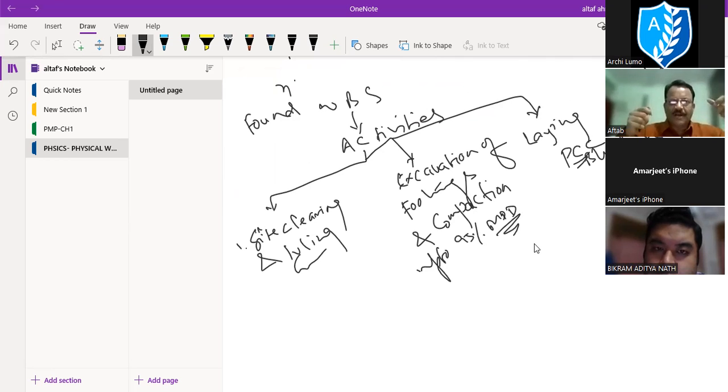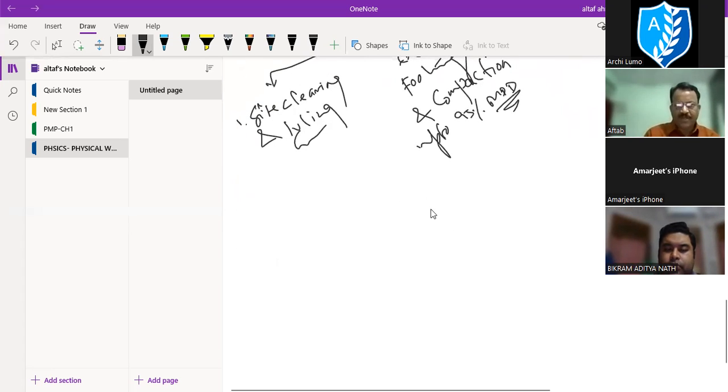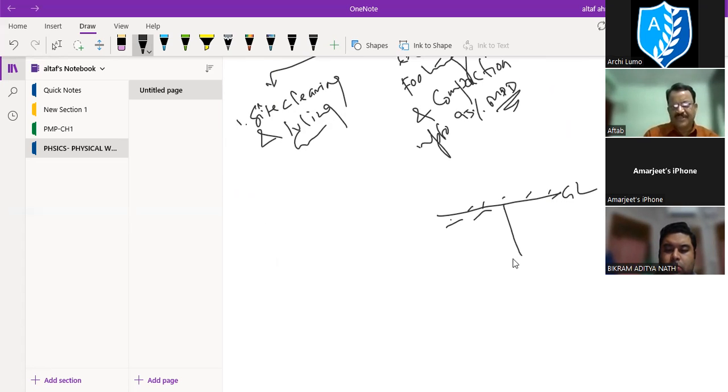While you are excavating, the surface is uneven. I will explain to you. Suppose this is your ground level. From this ground level, you are going 1.5 meters deep and excavating this footing, F1.